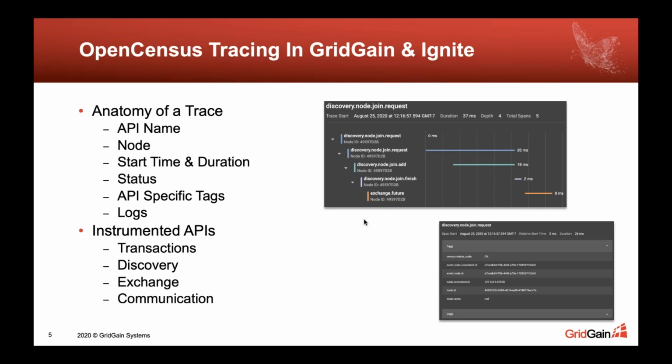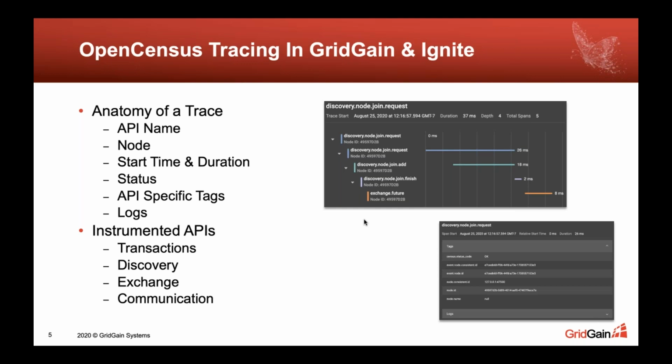It usually includes metadata about the work that is occurring, including the time spent and maybe possible latency, the result of that step in the execution or a status, and then any additional tags or attributes that might be specific to that API call.